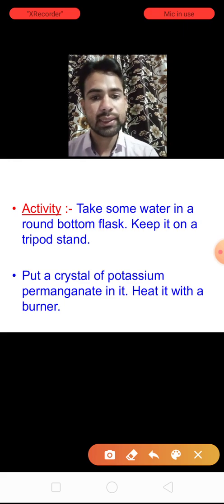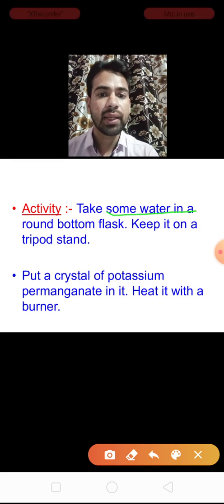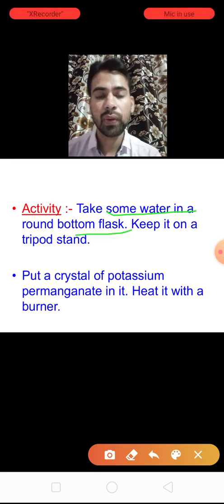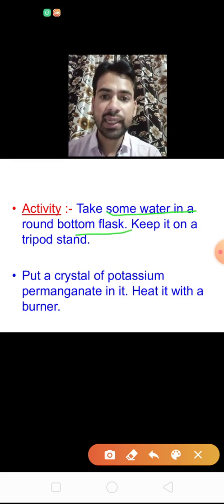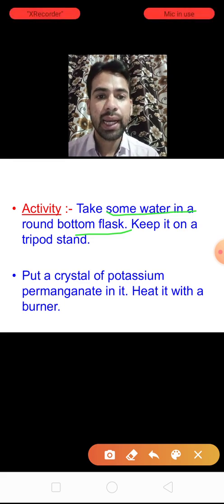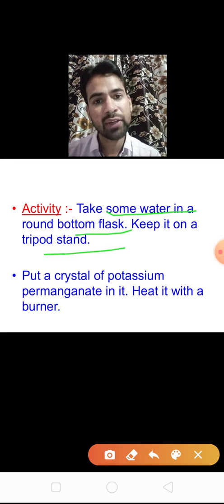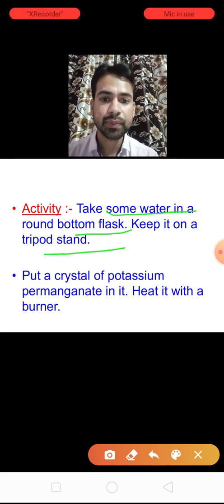See in this activity, take some water in a flask. In a round bottom flask, we take some water and keep it on a stand. In a stand we can fix this flask.